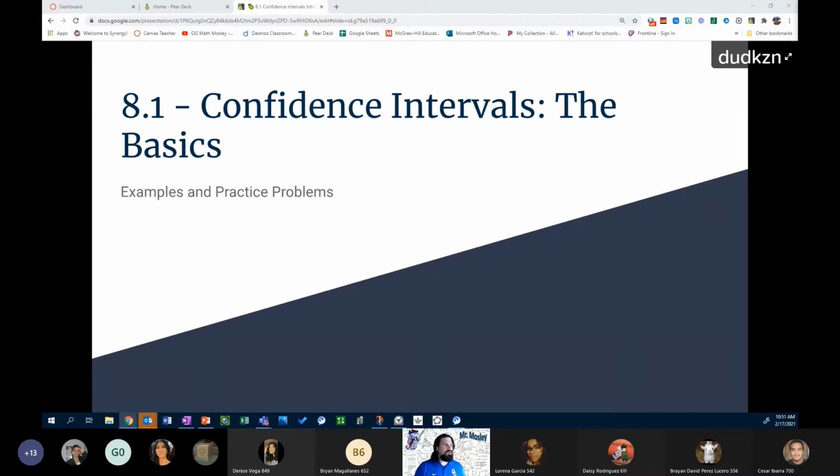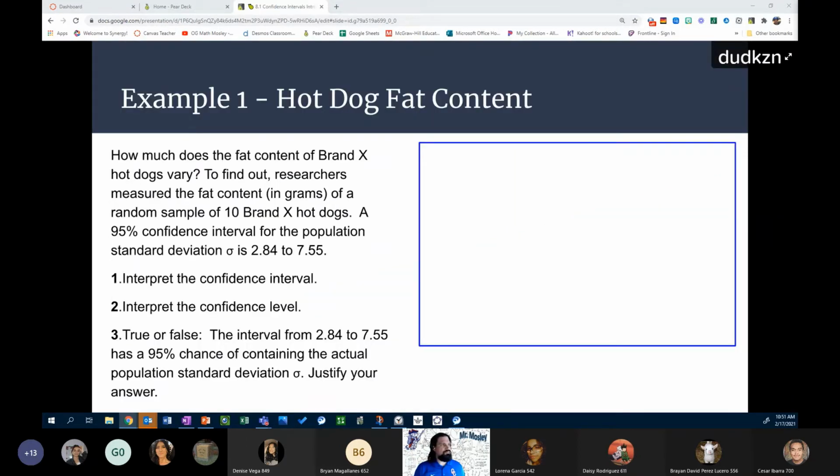All right, so here we are, confidence intervals, the basics, examples, and practice problems. How much does the fat content of brand X hot dogs vary? This is an example for you guys. I'm just going to work through this one together.